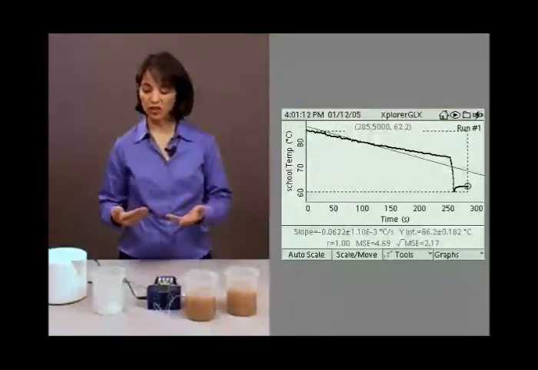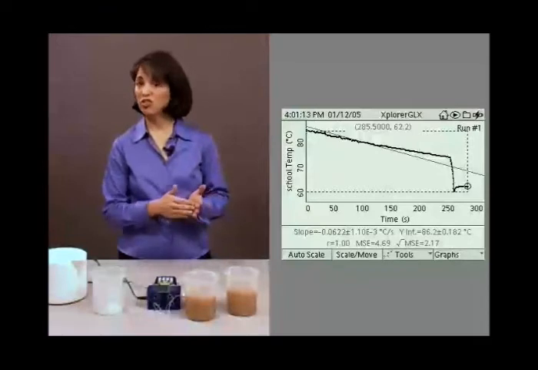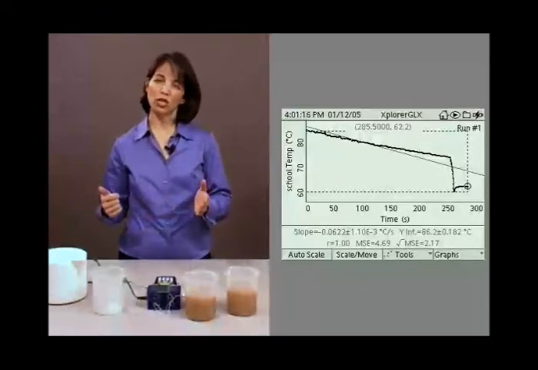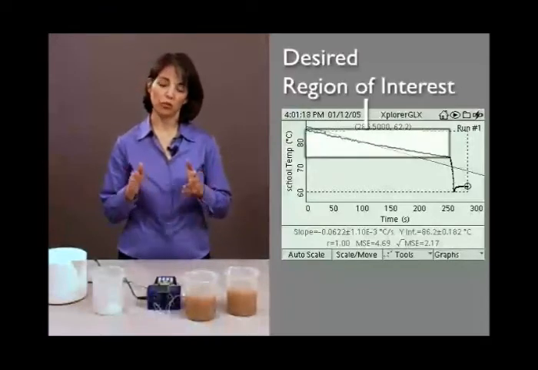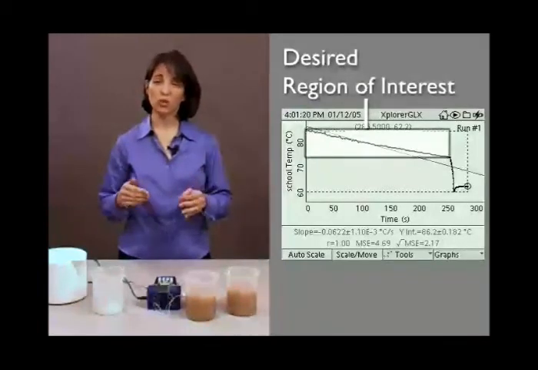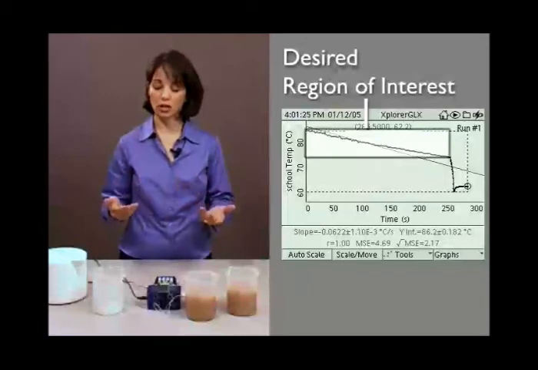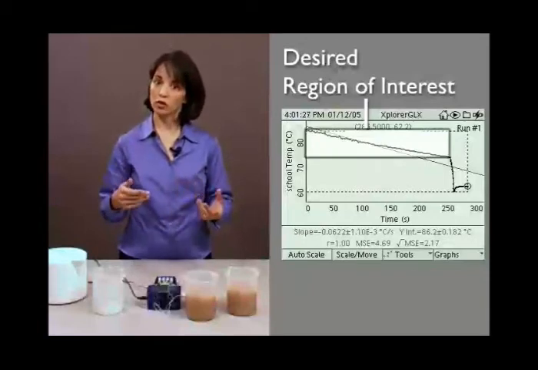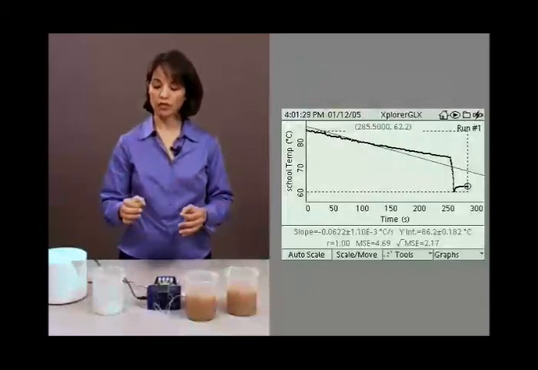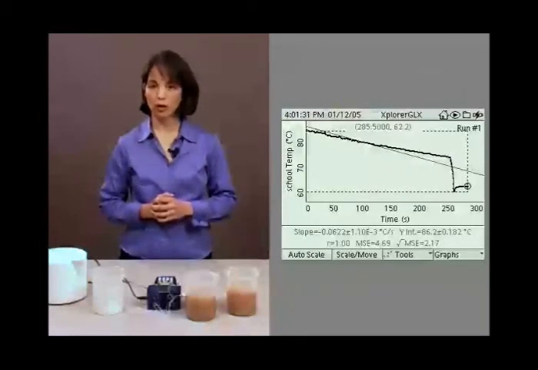You see though that the dashed rectangle includes the entire line, and we were only interested in the 5 minutes where the coffee was cooling. So what we need to do is change that dashed rectangle, which we call the region of interest, so that our region of interest is only those 5 minutes. You see the circle at the end on the right hand side of that line?